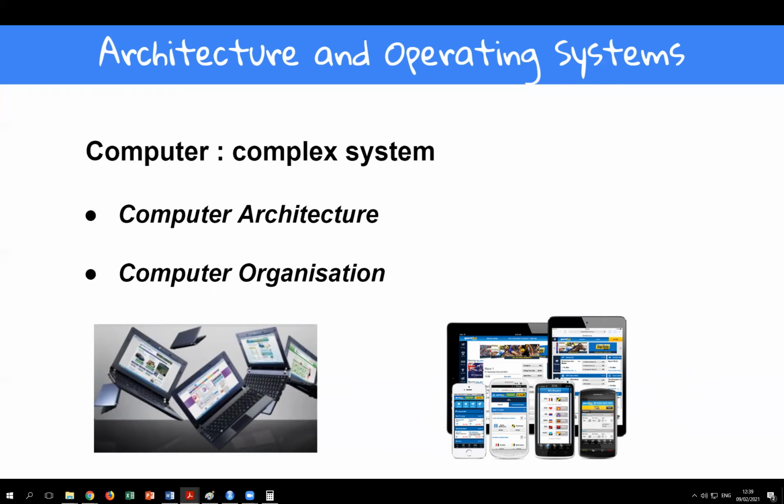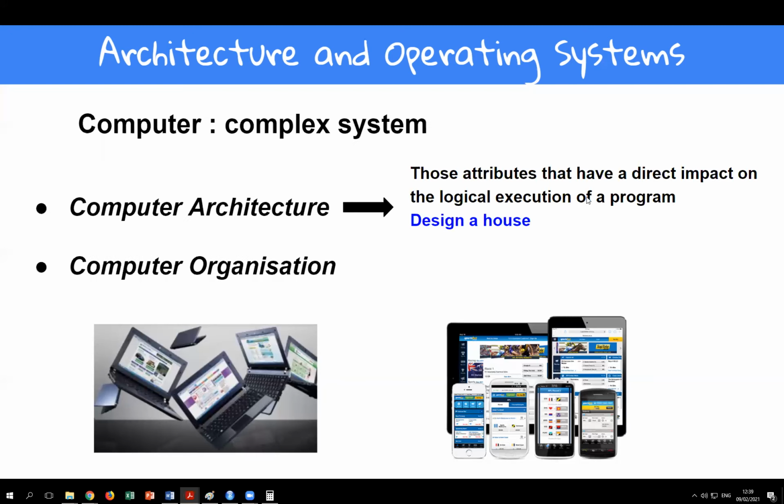Computer architecture refers to those attributes of a system visible to a programmer, or to put it in other words, those attributes that have a direct impact on the logical execution of a program. So, as you see here, computer architecture is like designing a house.